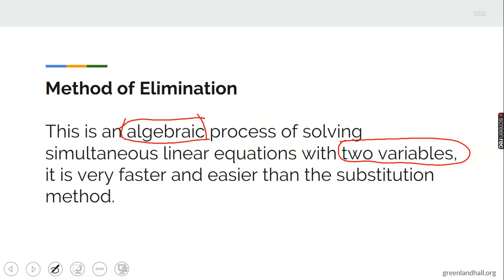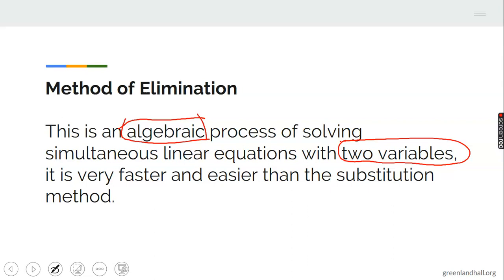And I said further that it is much faster and easier than the substitution method. With examples, you are going to see the beauty of this. This method of elimination is very much easier and faster than the former method that we did. Now, let me make this clear. I want to point out something.